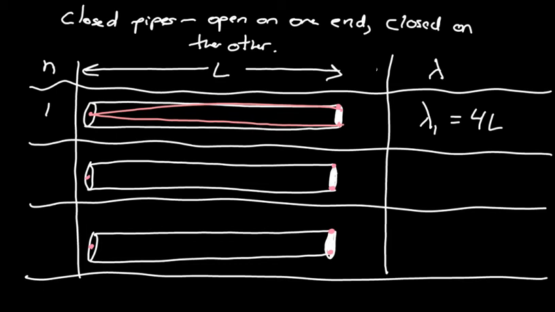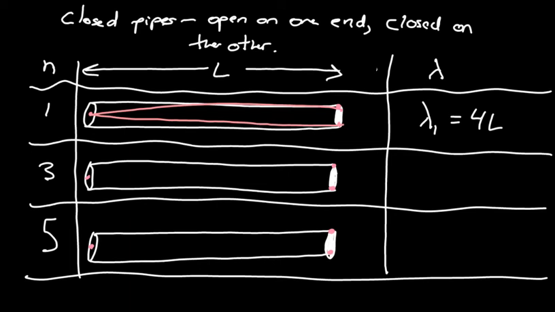So on this one, actually the second harmonic just doesn't fit. We don't get the second harmonic on closed pipes. We'll run into the same problem with the fourth harmonic and the sixth harmonic. We find that only odd-numbered harmonics fit with these boundary conditions.